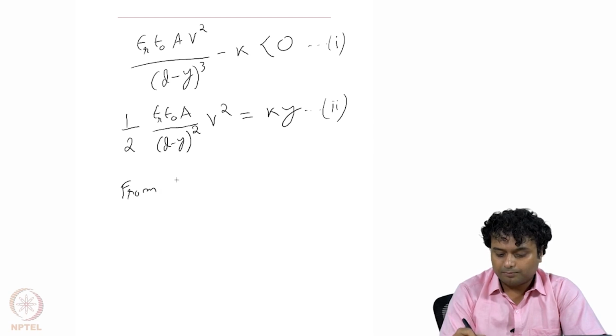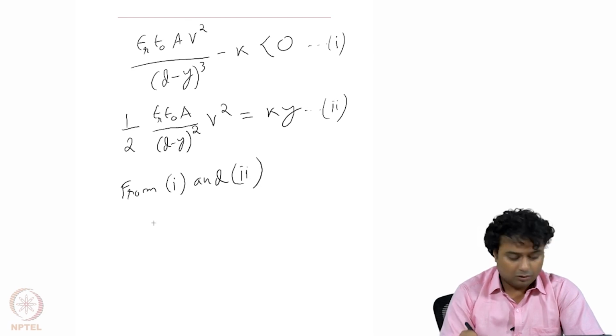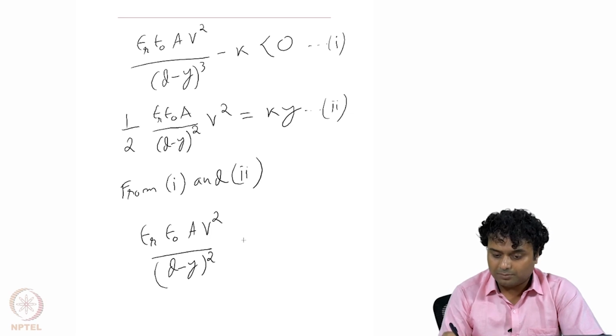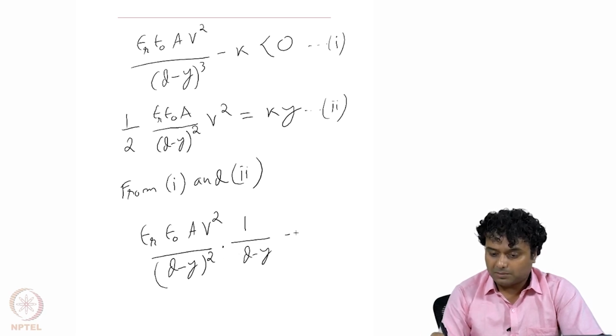So from 1 and 2 we can write epsilon r epsilon naught A V square divided by (d minus y) whole square. This is equation 1 rewritten in a different form, into (d minus y), since I separated (d minus y) whole cube into (d minus y) square into (d minus y), minus k less than 0.